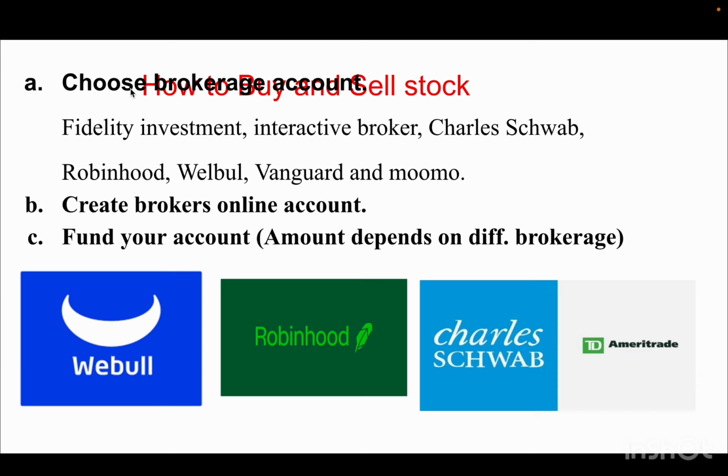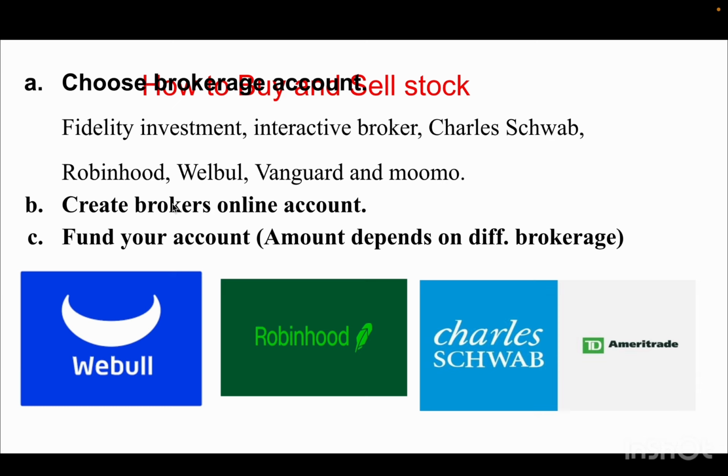Number one is to choose a brokerage account, right? In order to buy and sell stock, you choose a brokerage account, and some of the brokerages are Robinhood, Webull, Charles Schwab, TradeStation, Ameritrade. You can have many, but you have to choose one.